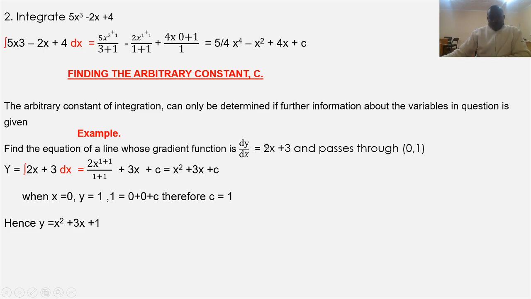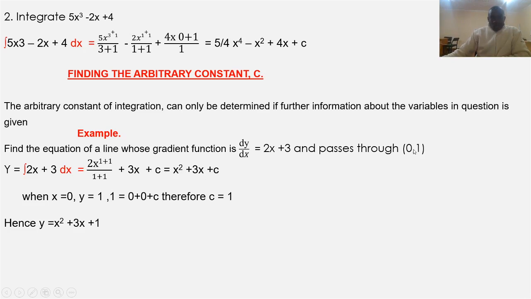So it will be the integration of 2x plus 3 with respect to x, which is 2x to the power 1 plus 1 over 1 plus 1, plus 3x to the power 0 plus 1 all over 1, which remains 3x, plus c. That is 2x squared over 2, the 2 and 2 cancel, so it remains x squared plus 3x plus c.